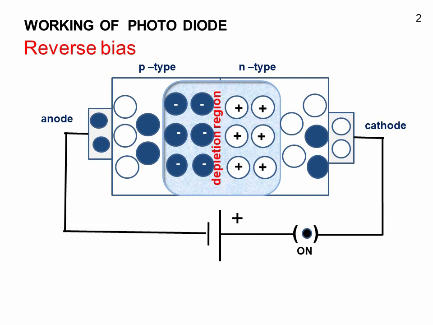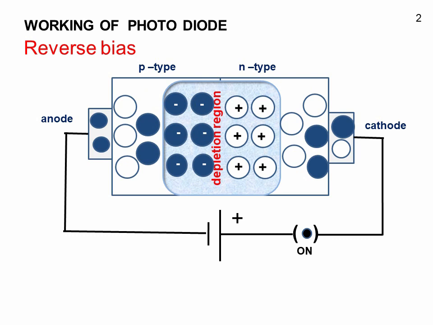In this depletion region, neutral atoms are there. When light falls on the PN junction, an electron is dislodged from the neutral atom in the depletion region. The electron transits to nearby holes and thereby reaches the cathode. Since it is connected in reverse bias, the electrons are attracted by the positive terminal of the battery and the holes are attracted by the negative terminal of the battery.